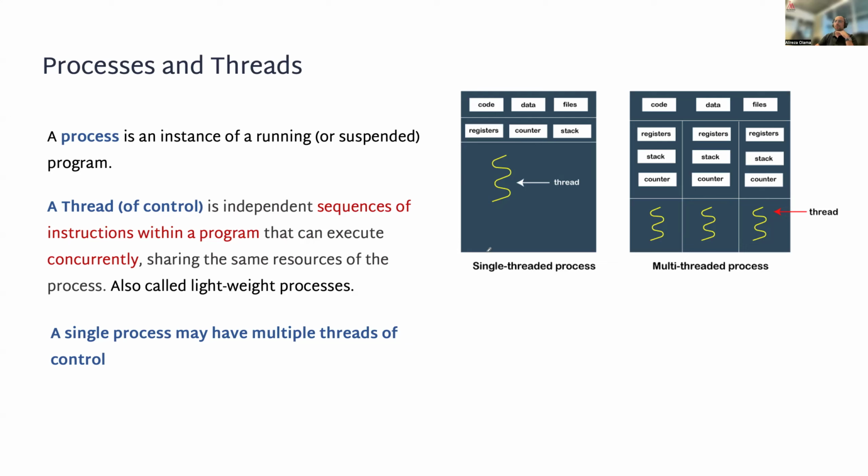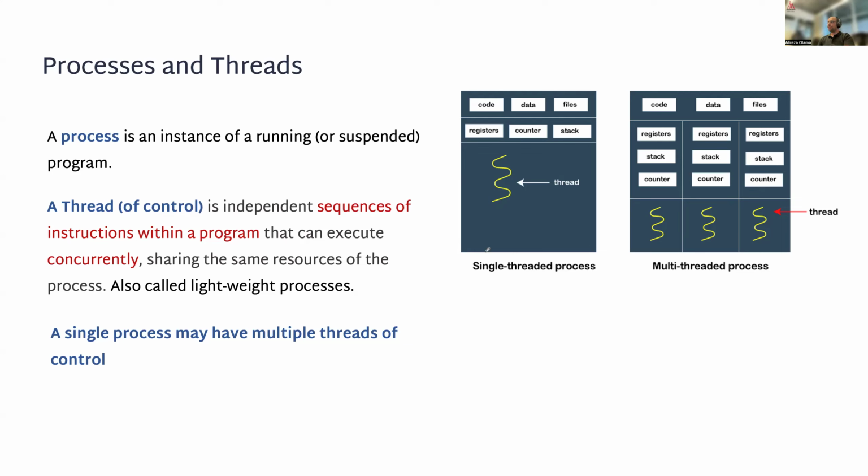But in multi-threaded code, because the resources, especially the memory, are shared among all threads, data races can happen. So a multi-threaded program is more prone to data races. All right.